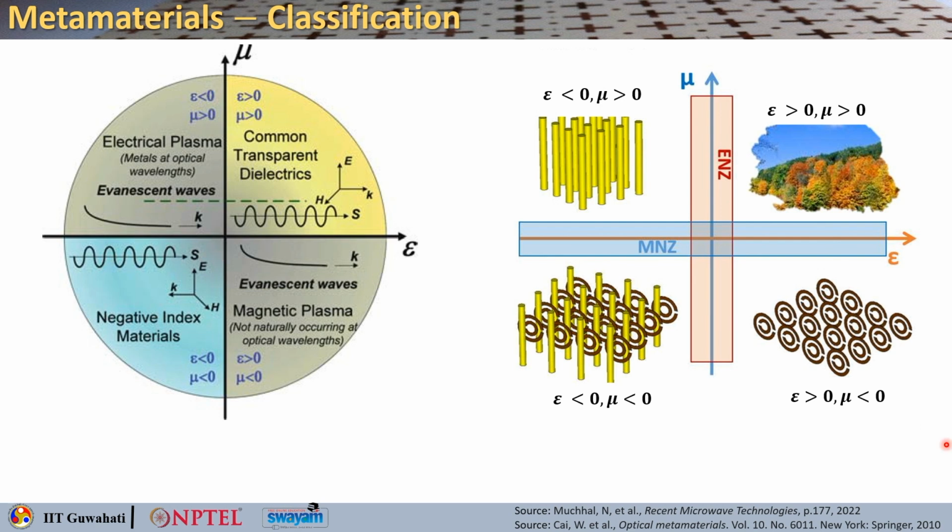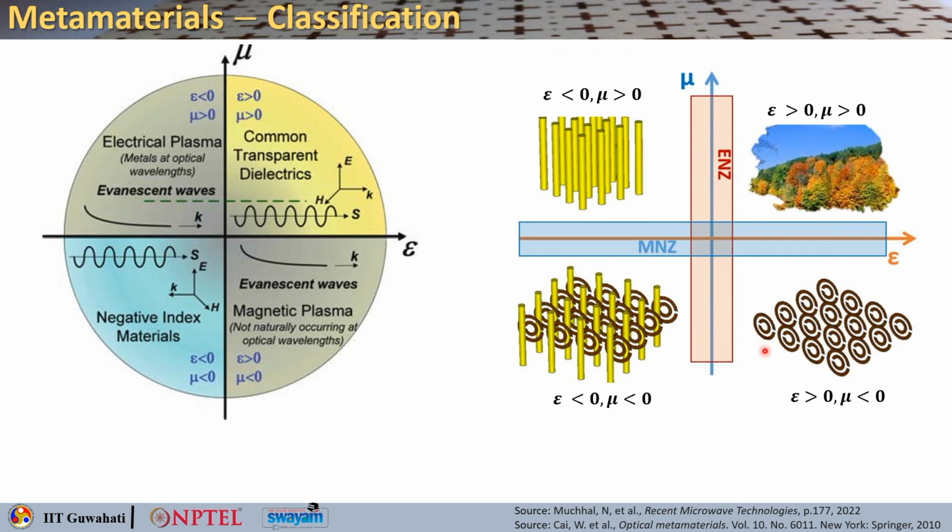Okay. So, here also we can quickly see the engineered materials which can give you this kind of properties. This tells you the natural materials happening over here. Then in the second quadrant, you can see an array of metallic rods can behave like metal, giving negative permittivity over a particular frequency band.